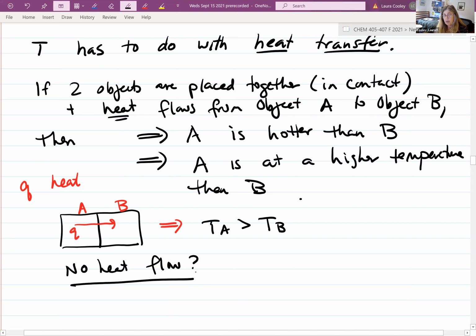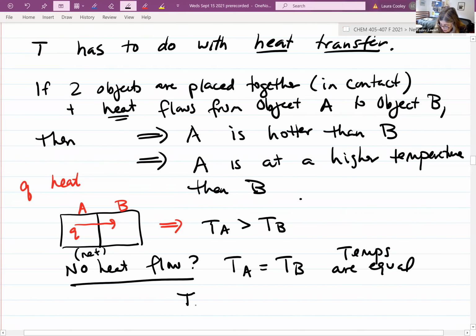Well, no net heat flow, I should say, because there'll always be heat flowing in each direction. No net heat flow. Then you'd say that the temperatures are equal. And the fancy term for this, because they're touching and there's no heat flow, is that they are in thermal equilibrium.